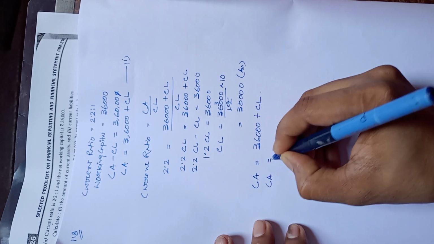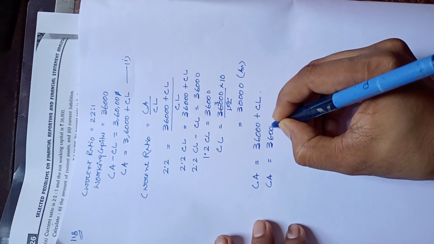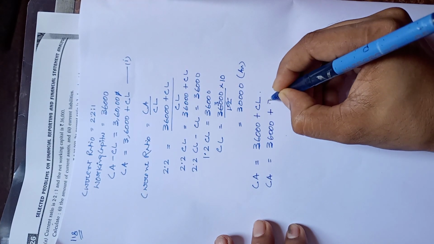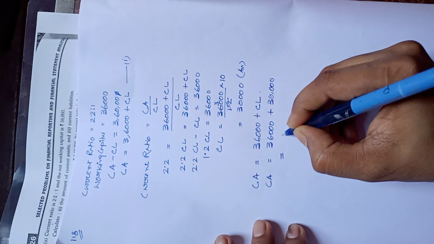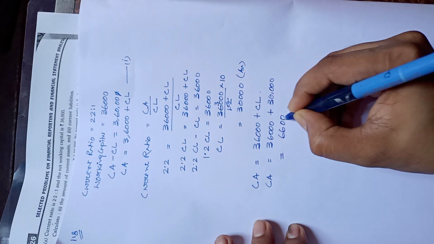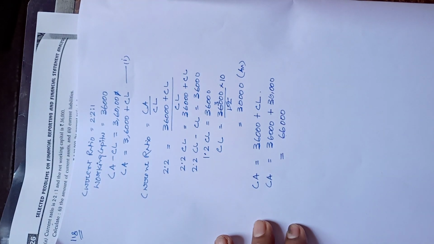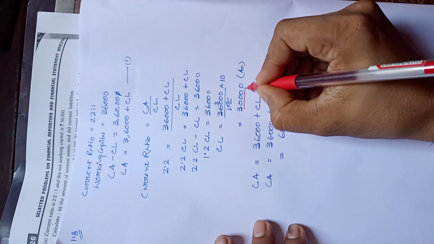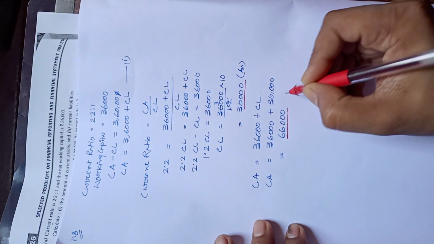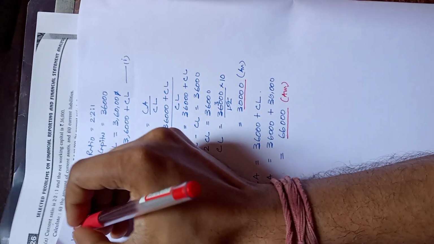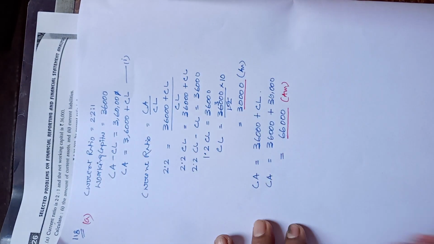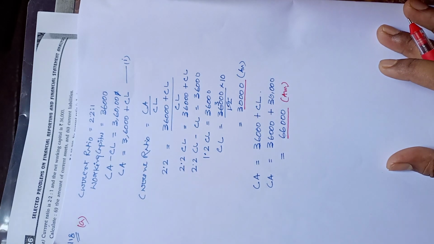So the current assets is 36,000 plus 30,000, so the current assets is 66,000. So this is one answer, and this is another answer for current assets. So this is part A of question number 118.